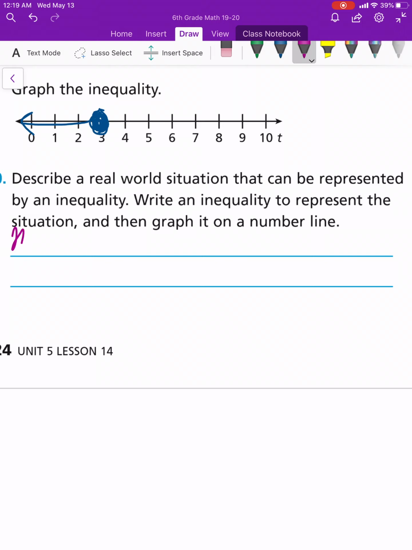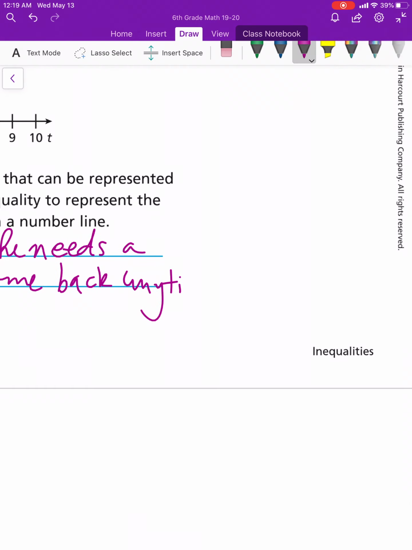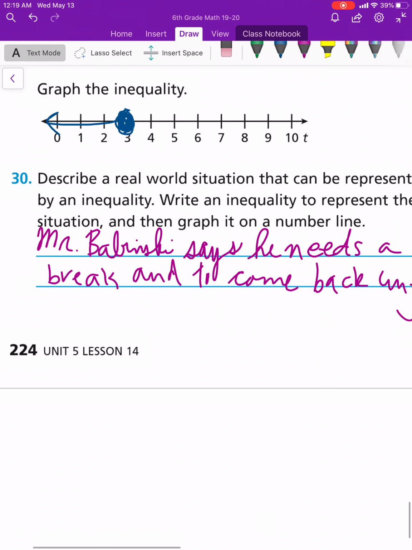Mr. Babinski says he needs a break and to come back anytime after 5 minutes.